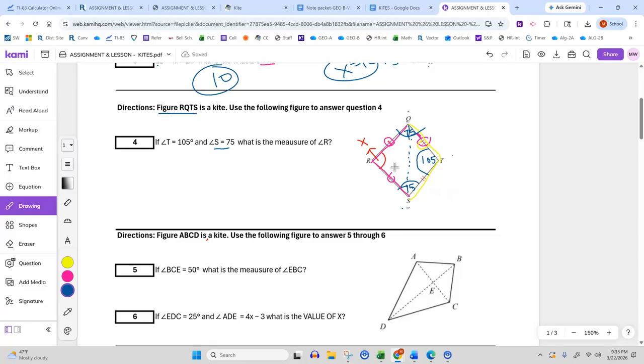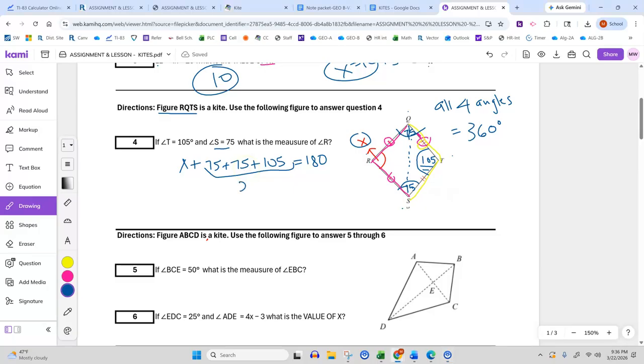The next concept is, remember, all four angles equal 360 degrees. So that means we can go X, which is this X over here, plus these two angles here, 75 plus 75 plus 105 from over here are equal to 180. So I know you can do the math on that. I'm going to let you do the math.